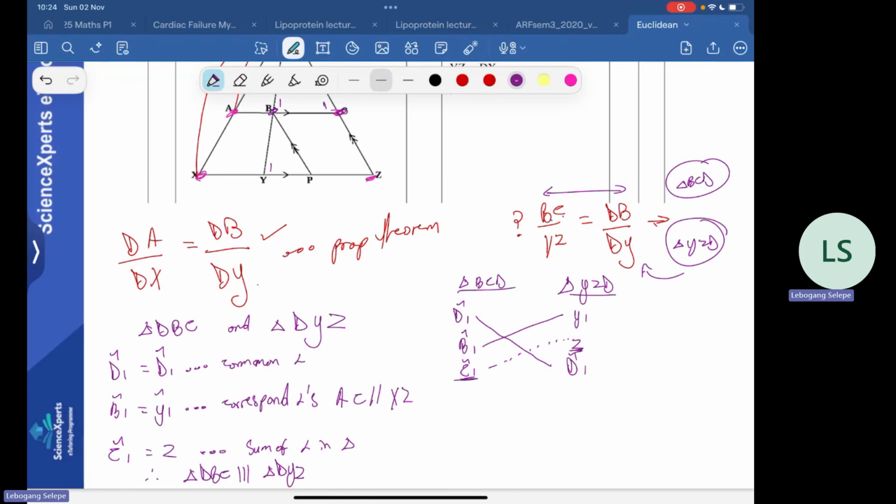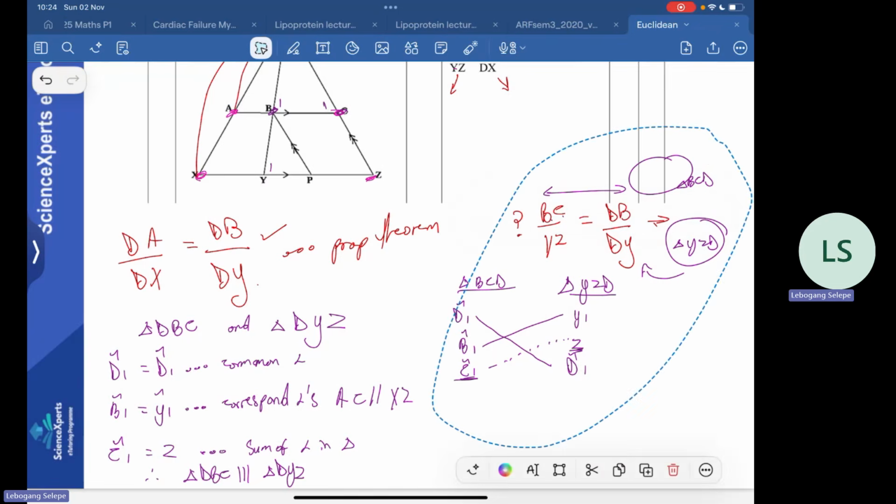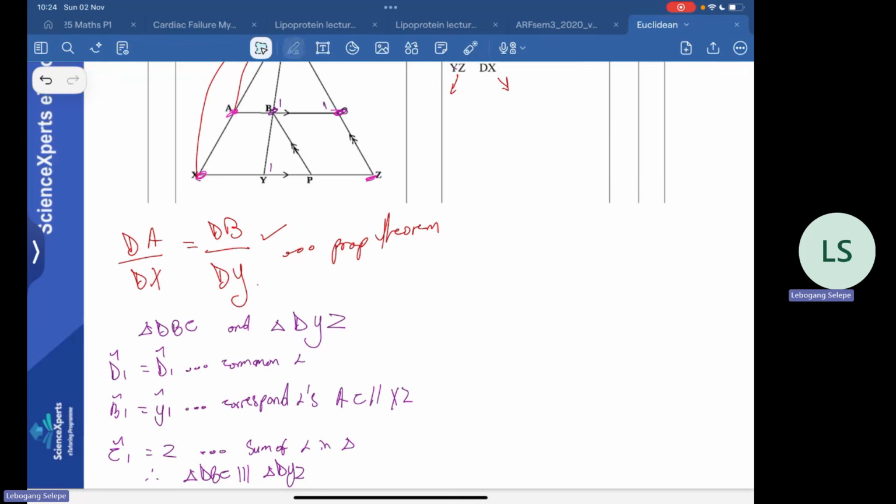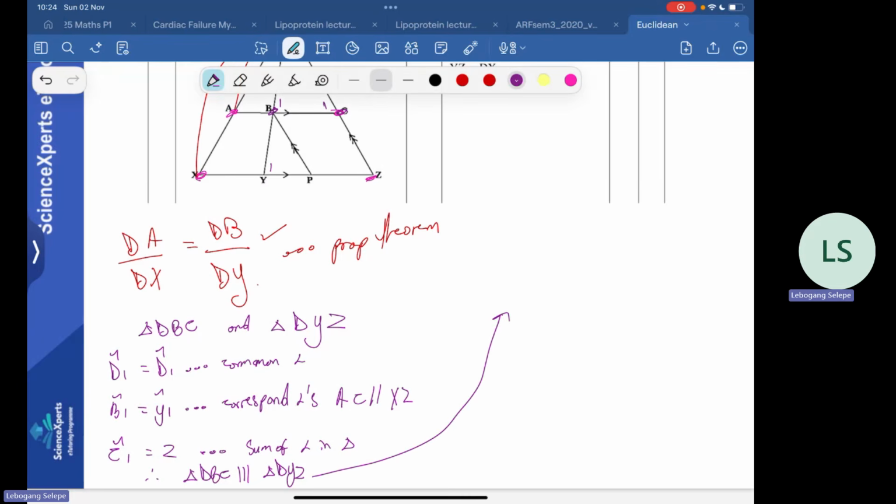Then once I've proved that the triangles are similar, I can take out equal ratios. So I can remove this, because this was just part of the process of helping me answer the question. I can take out ratios that are equal from here, right? So look, the first two letters of this triangle divided by the first two letters are equal to the last two letters divided by the last two letters.